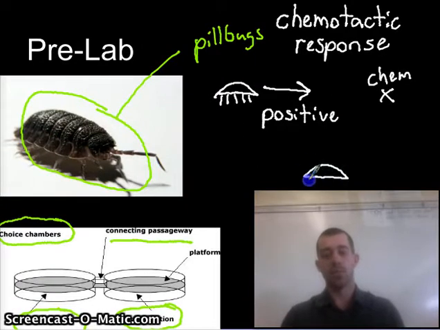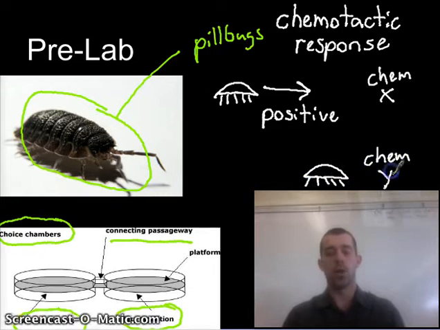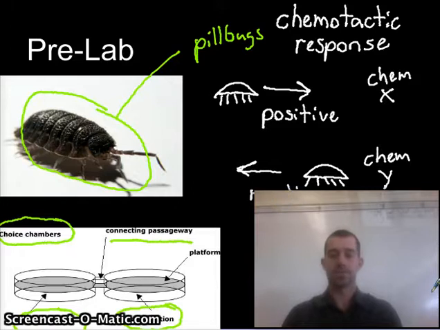If organisms move away from a certain chemical, let's say this is chemical Y, then they have what we call a negative chemotactic response. And so we're going to see if pill bugs have a positive chemotactic response to water or a negative chemotactic response.